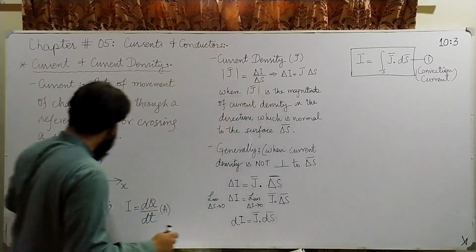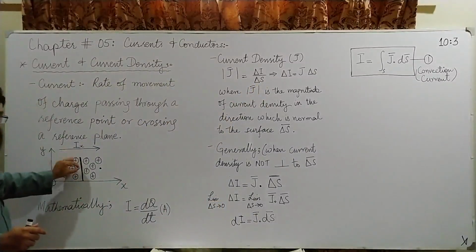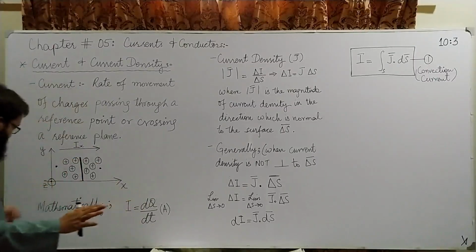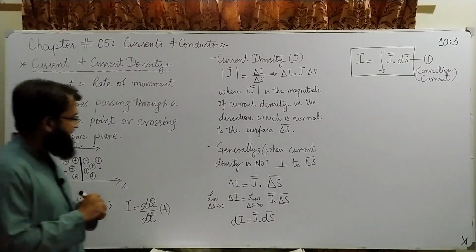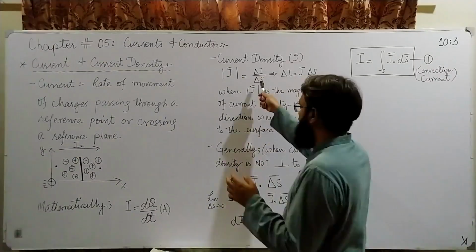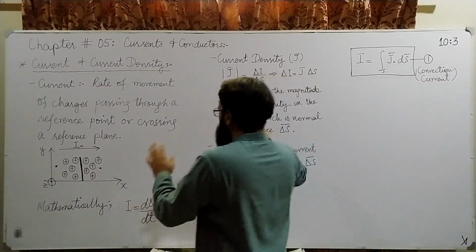It means that we will reduce this plane to a point, and we'll try to define current density at a particular point. You are going in the right direction. You should have guessed it by now, because whenever we have incremental entities, we try to reduce them.